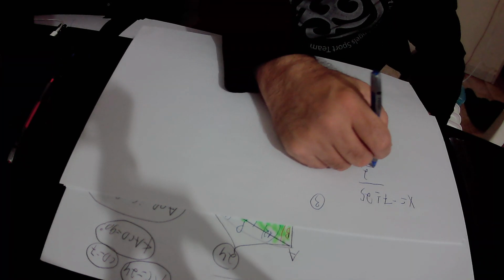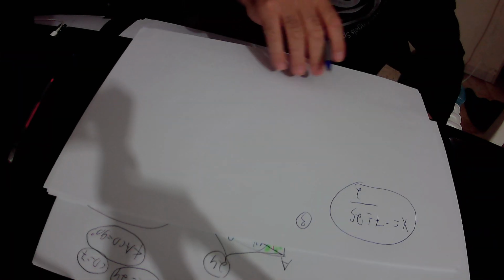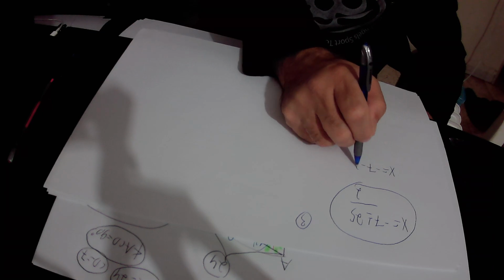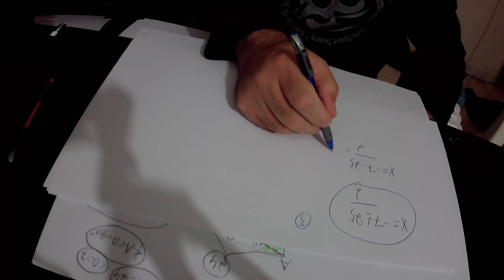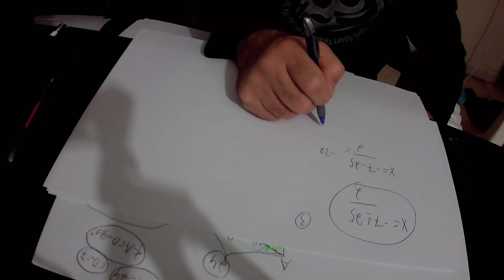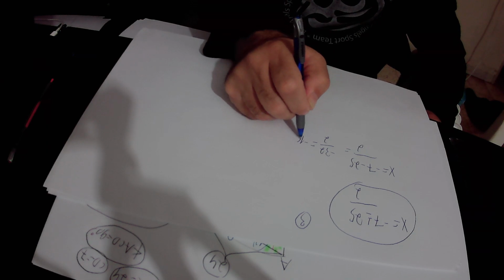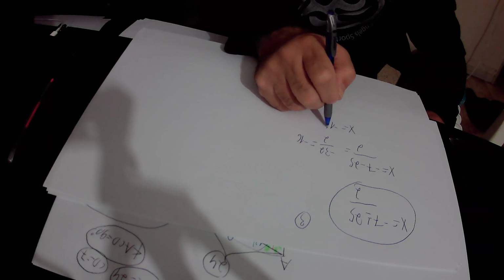So here we have two possible solutions for x. The first solution for x is x equals minus 7 minus 25 over 2. Minus 7 minus 25 is minus 32 over 2. Minus 32 over 2 is minus 16. So according to the first solution, x equals minus 16.